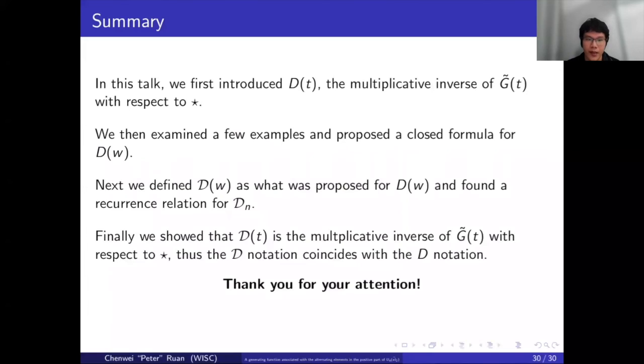And then using this recurrence relation, finally we were able to show that QD of t is this multiplicative inverse of tilde g of t with respect to star. So in other words, this QD of t is really our D of t, and the corresponding coefficients are the same. So the QD notation coincides with the D notation, and that completes the proof.